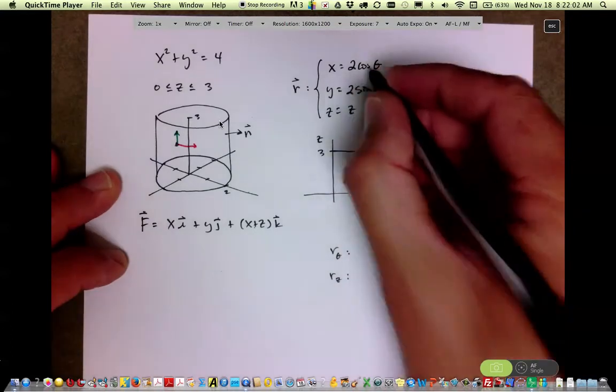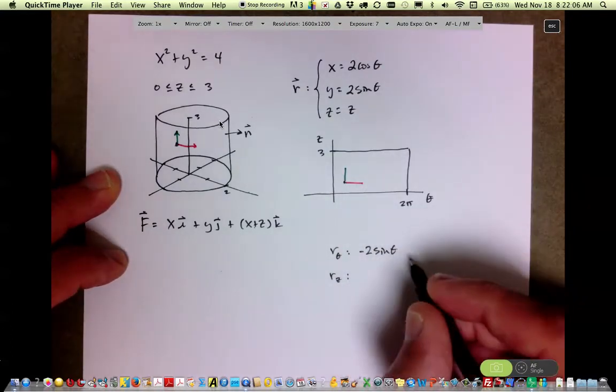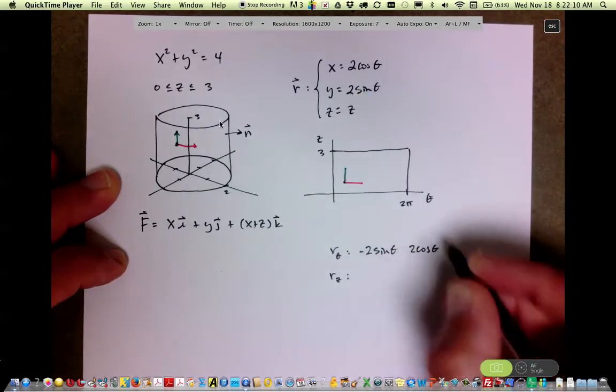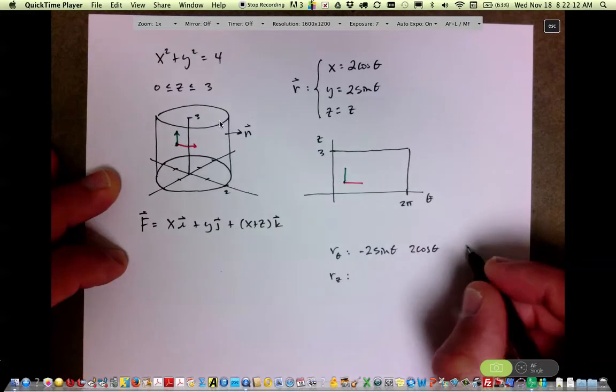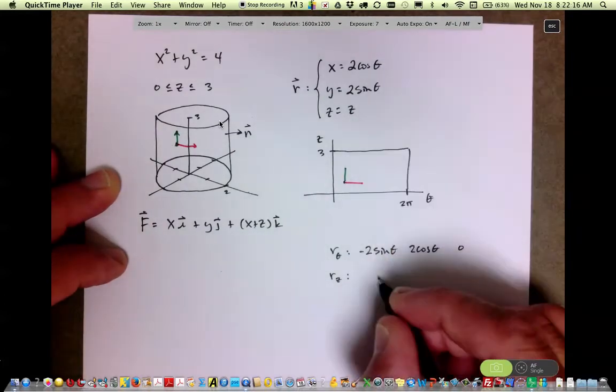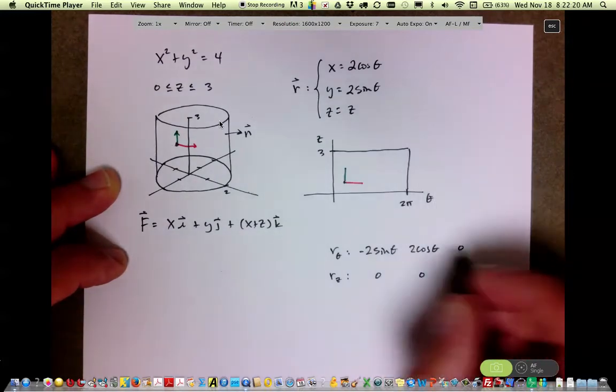The derivative of 2 cosine is negative 2 sine theta. The derivative of 2 sine is 2 cosine. And the derivative of z is 0. With respect to z, the first two are 0, and the last one is 1.